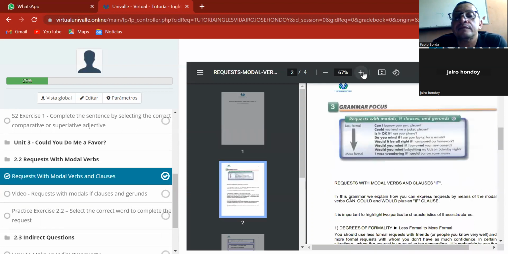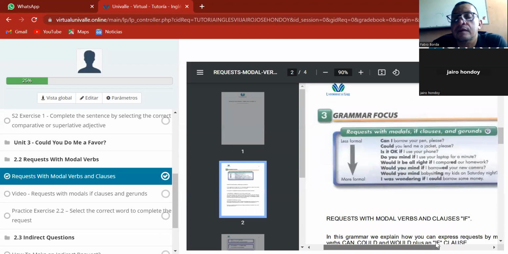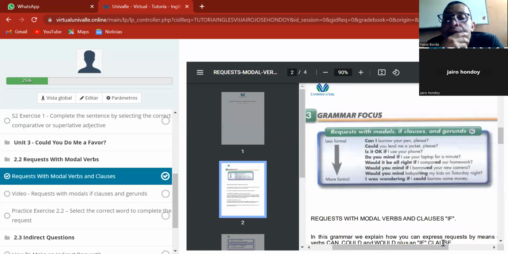Here we have requests with modal verbs, if clauses and gerunds, from less formal to more formal. Can I borrow your pen, please? It is a less formal way to request a pen. Could you lend me a jacket, please?